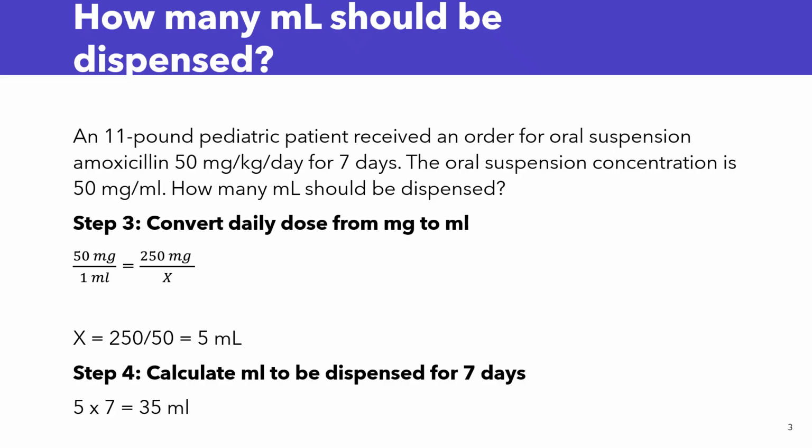So we know this medication will be taken for 7 days. So we have the daily dose. So to find the total amount in ml that should be dispensed, we need to multiply 5 by 7 because it's going to be taken for 7 days. So that is 35 ml. So your final answer is 35 ml.